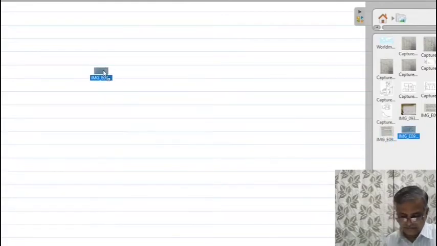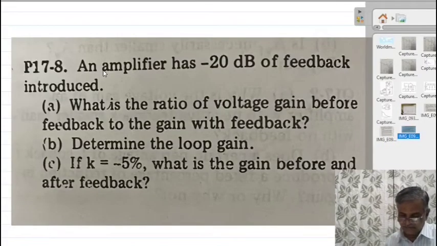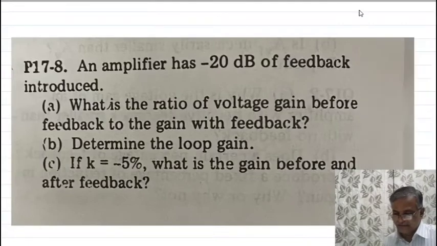One numerical based on feedback. See the numerical statement. An amplifier has minus 20 dB of feedback introduced. So they have given the amount of feedback in dB.